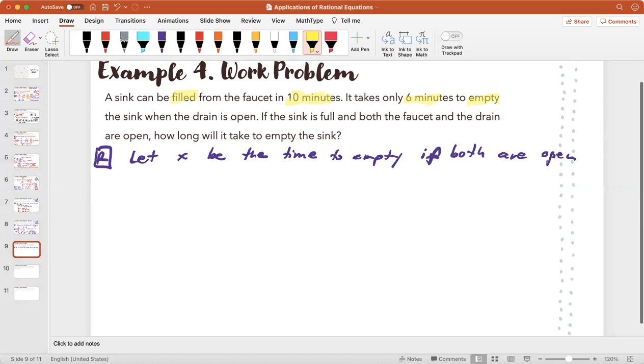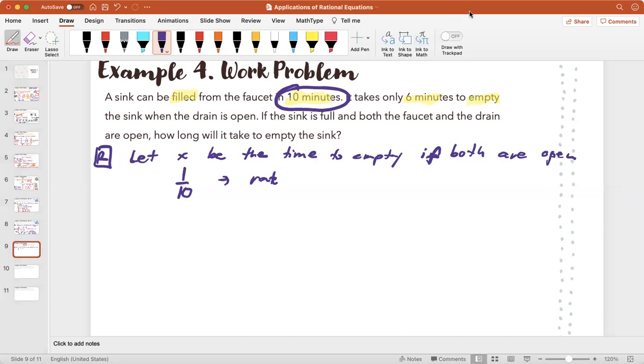Therefore, in order to find our formula, it would be a different way around. But before that, let's try to represent the rate. What's the rate in filling? The time it takes is 10, so the rate in filling is 1 over 10.